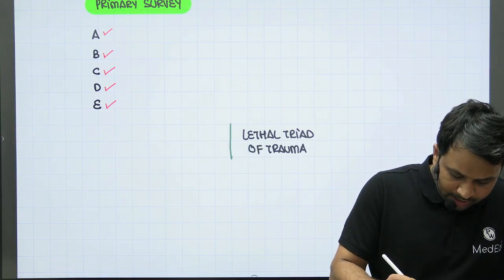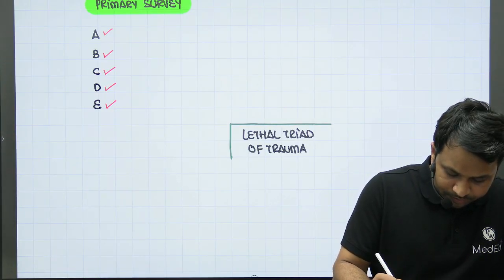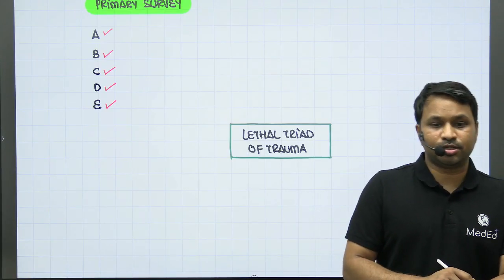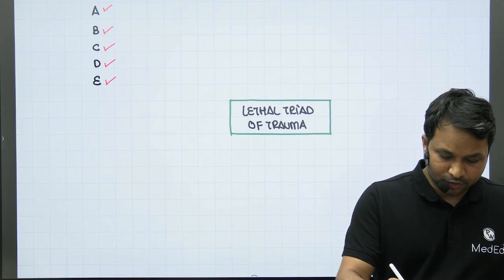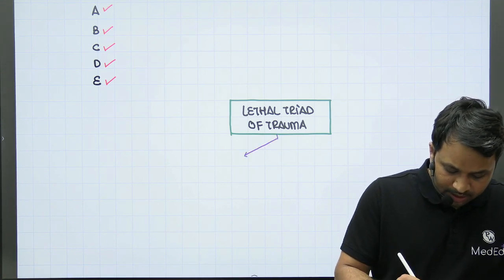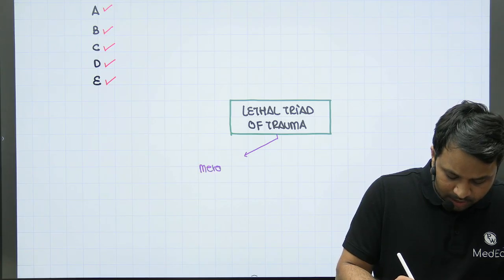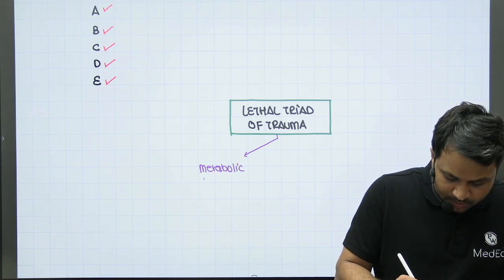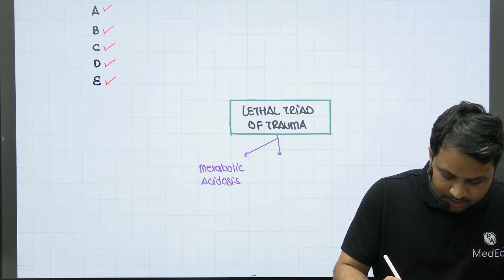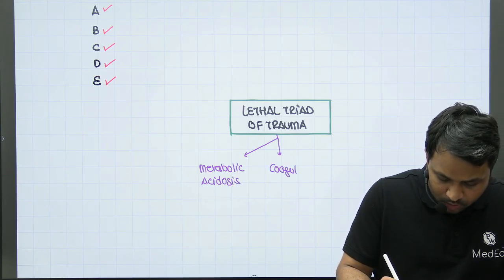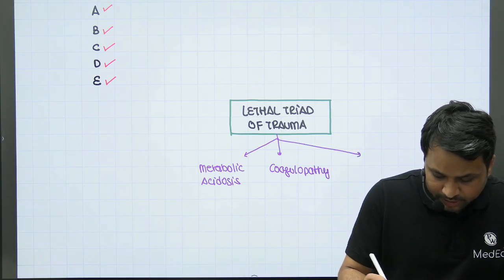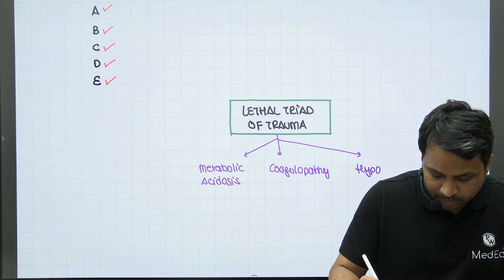Now, what is this lethal triad of trauma? It consists of 3 things. Number 1, metabolic acidosis. Number 2, excessive blood loss will result in coagulopathy. And the last nail in the coffin is going to be hypothermia.